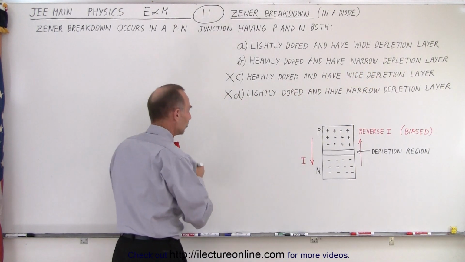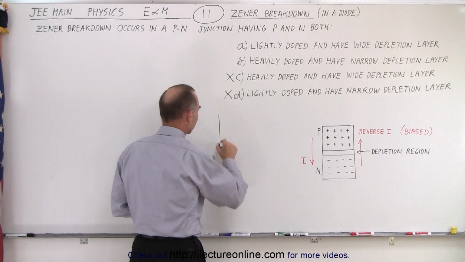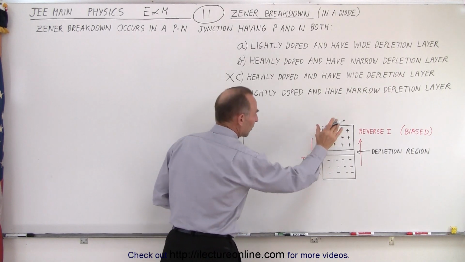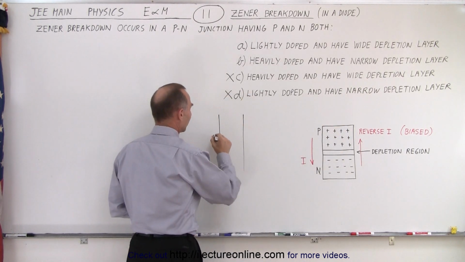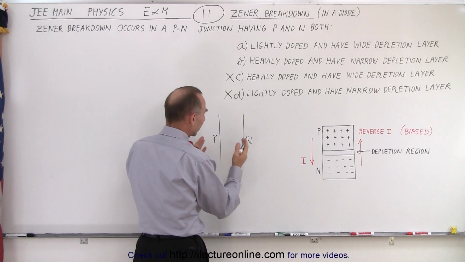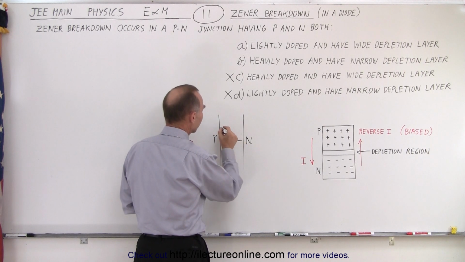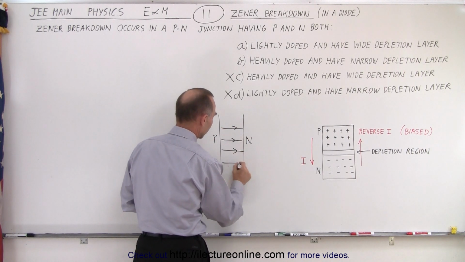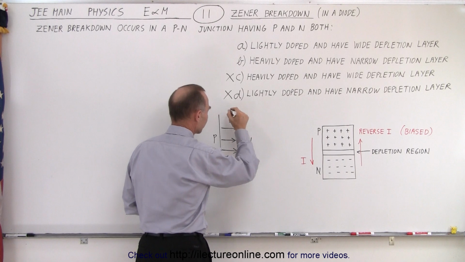So what happens in that depletion layer? The depletion layer is a region between the positive and the negative charges. So we have positive on one side, negative on the other side, so it builds up an electric field from the positive to the negative, like this. That would be the electric field.